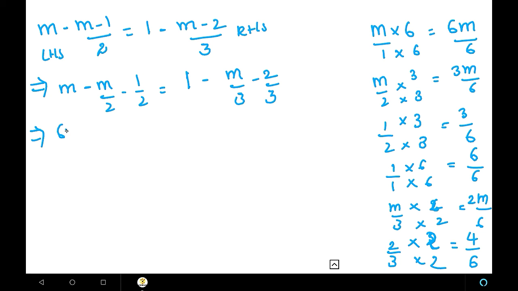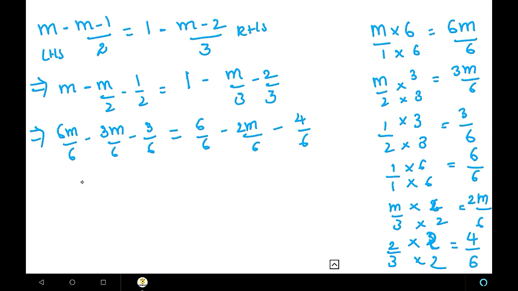The first number is 6m by 6, minus the second value is 3m by 6, third value is 3 by 6, equal to, first value in RHS is 6 by 6, second value in RHS is 2m by 6, third value in RHS is 4 by 6.